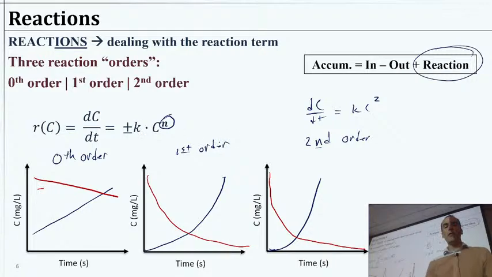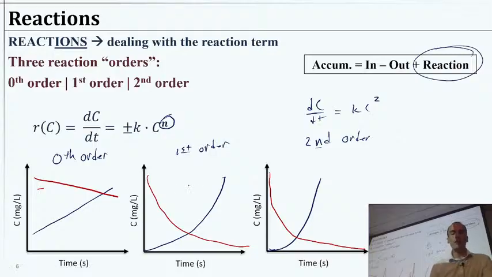If we have C to the power of 1, then suddenly dC/dt equals K times C. The K only needs to be 1 over time. So the K changes with the reaction order. Therefore, we know the reaction order if we know the units for K.